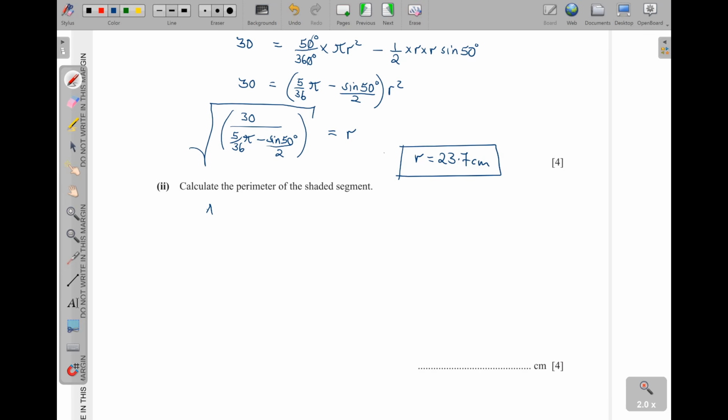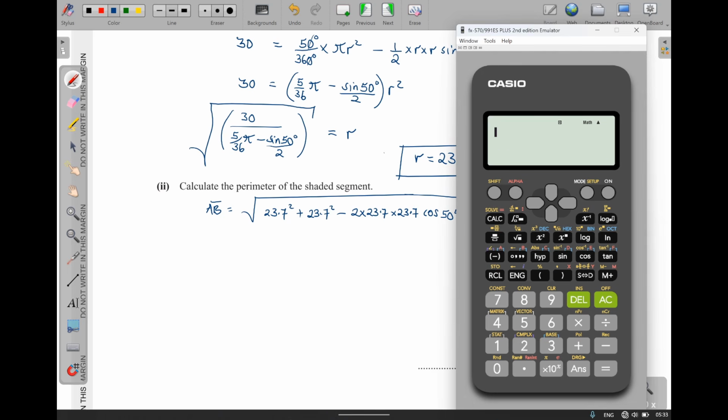Okay, so using the cosine rule, we need to find the straight edge AB. So it is going to be the square root. These other two sides are known. So r squared, I can take it as 23.7 squared, plus, again, 23.7 squared, minus 2 times 23.7 times 23.7, then cosine of the angle that is opposite, which is 50 degrees. Then this will give us a certain value.